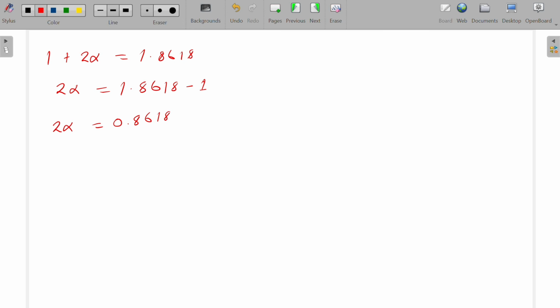0.8618. All we have to do now is find our alpha by saying alpha will be equal to 0.8618 divided by 2.